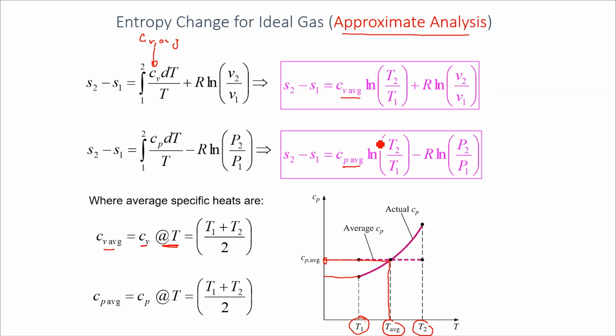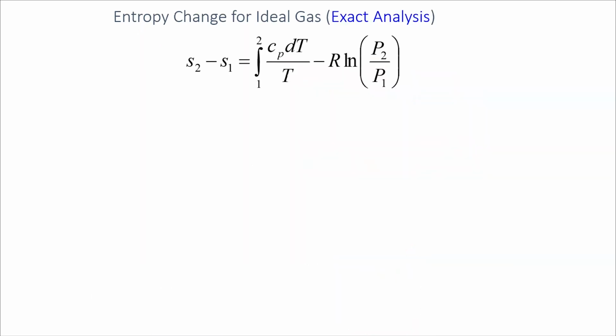All right. Moving on, the exact analysis. How do you do the exact analysis? This is where you will have to integrate Cp dT over T, where you have a relationship of Cp and temperature available to you. But your life has been made easier, in the sense that you don't have to do the integration yourself.